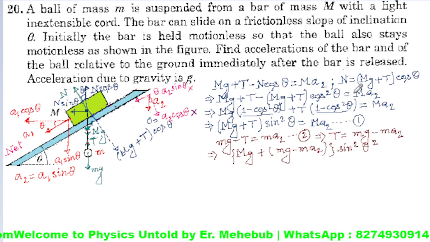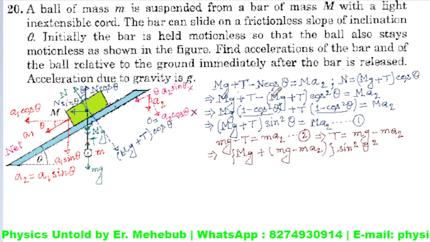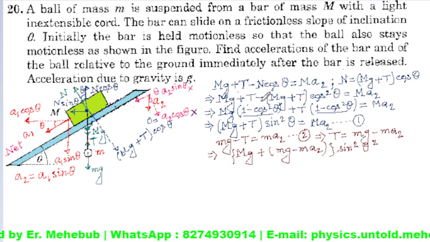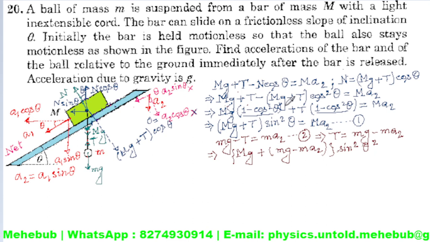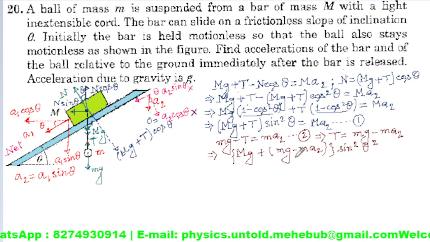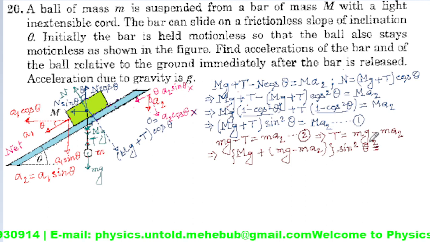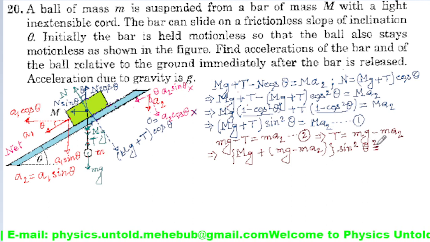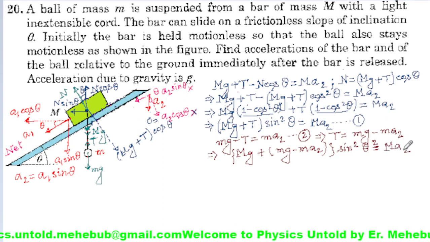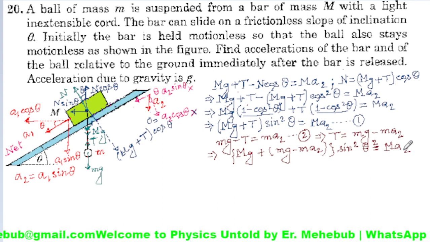But one thing is missing here, because in this equation there is mg plus T plus N cos theta. So from this equation we can write capital Mg plus small mg minus ma2 sin square theta, which must be equal to ma2.